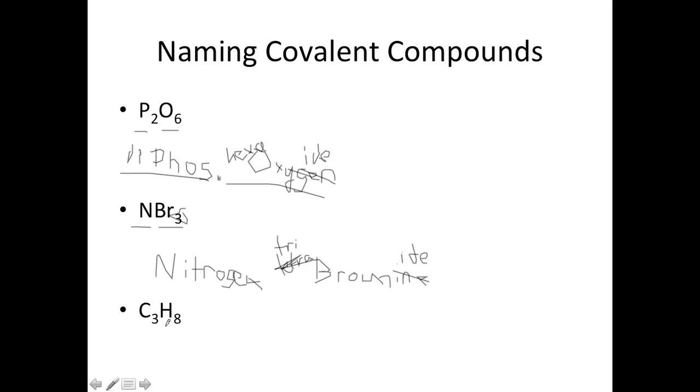I have 2 elements. I have carbon and hydrogen. So let's name the carbon first. I'm just going to write carbon. I'm sorry, it takes me a minute to write. Carbon, C-A-R-B-O-N.